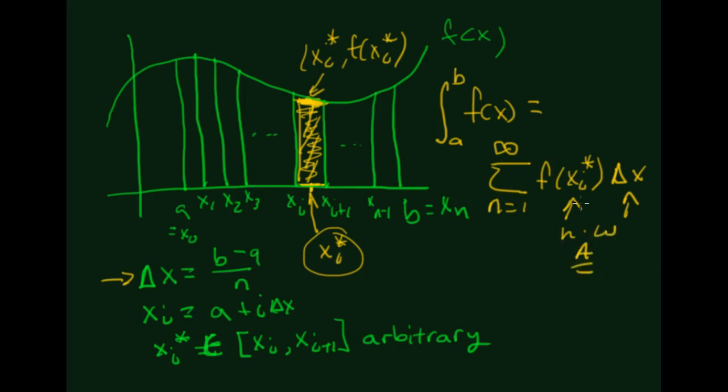So if I take the height of the rectangle times the width of the rectangle, I get the area of the rectangle. Now, what I'm going to do then is have the number of partitions not be a finite number n, but n is going to be the limit as we go to infinity, right? Oh, there's a small glitch here. This should be i, right? We're going to add these up.